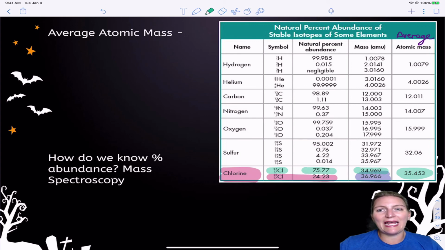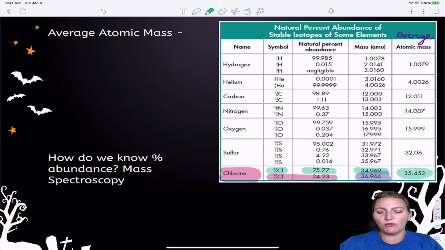At the end of the day, if we have a sample of salt and half the ions of salt are made of chlorine, we don't know whether there's more chlorine 35 or chlorine 37. What we found is that the natural abundance is pretty universal. Salt taken from the Dead Sea has about 75% chlorine 35, but salt that you will find in Peru will also have about 75% chlorine 35.